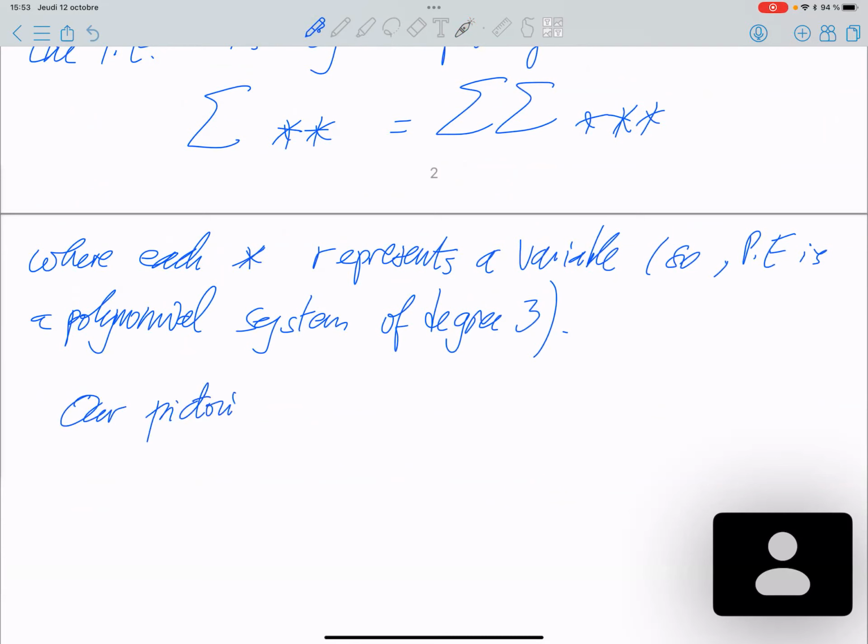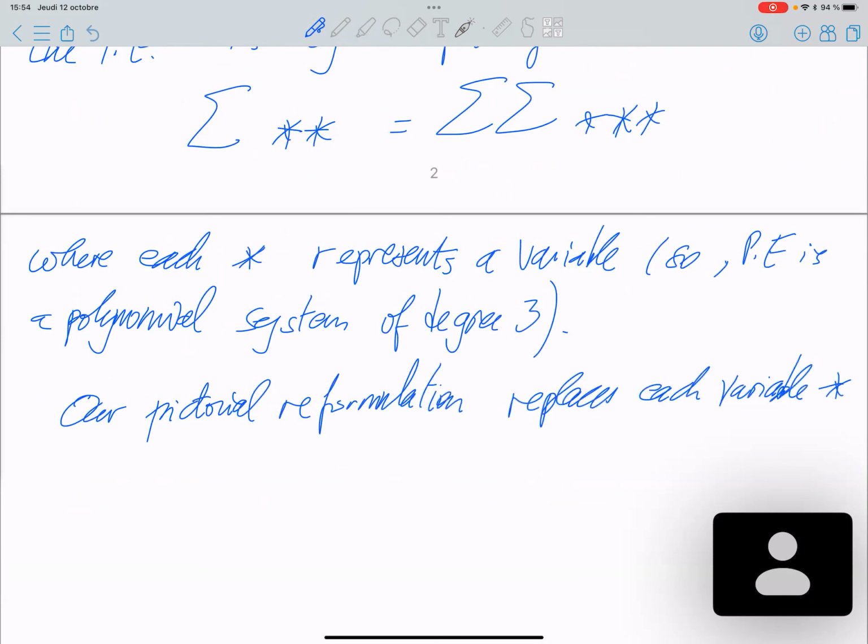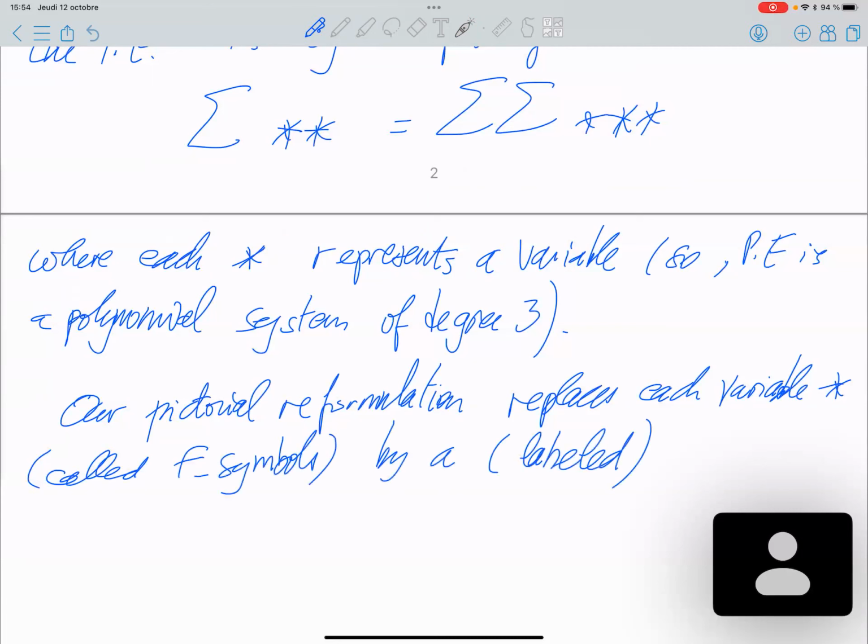So our pictorial reformulation replaces each variable, denoted star here, and usually called an F symbol in the literature, by a (labeled) tetrahedron.